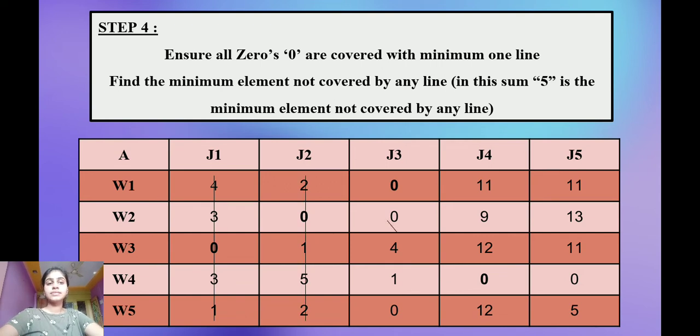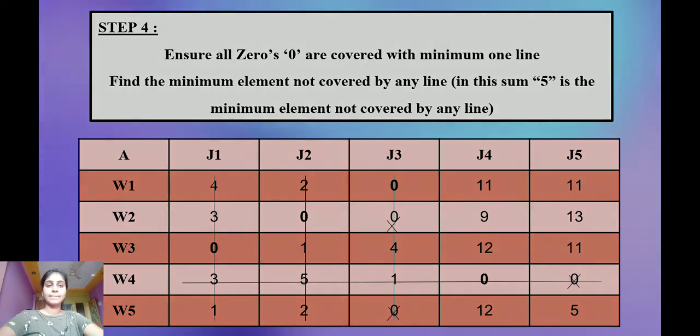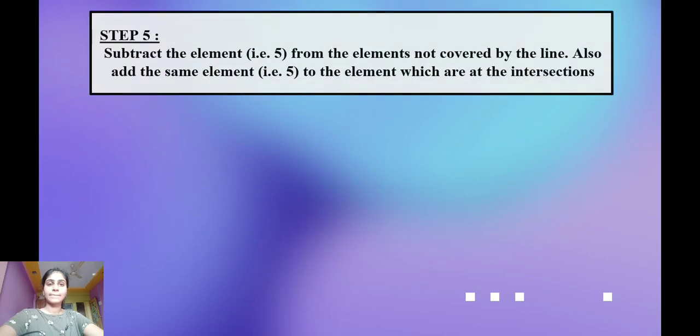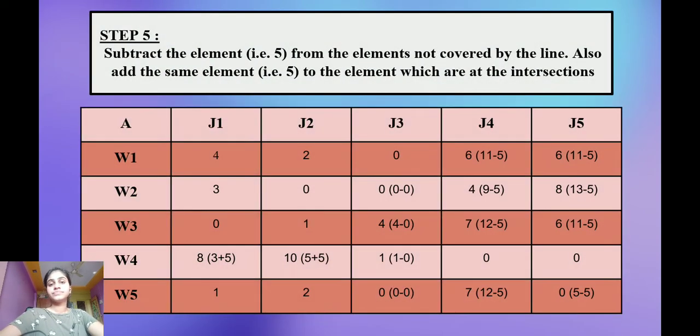So 5 was the element, so we have to subtract it from the elements not covered by a line, and also add the same element to the elements which are at the intersection point. So at the intersection point we have to add it, and otherwise we have to subtract it. You can see in the given table.